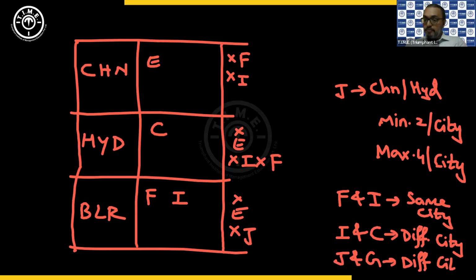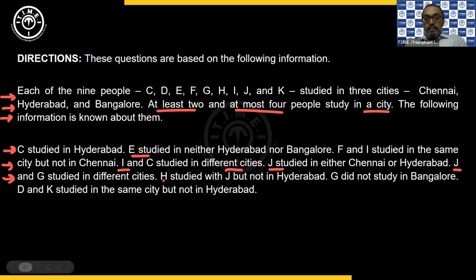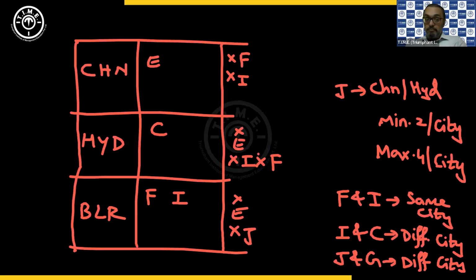We'll come to that. Then H studied with J, but not in Hyderabad. So J is also ruled out in Hyderabad, but H has studied with J. So if J is not Hyderabad, then J has to be Chennai. So H studied with J. So we get E, J and H in Chennai.